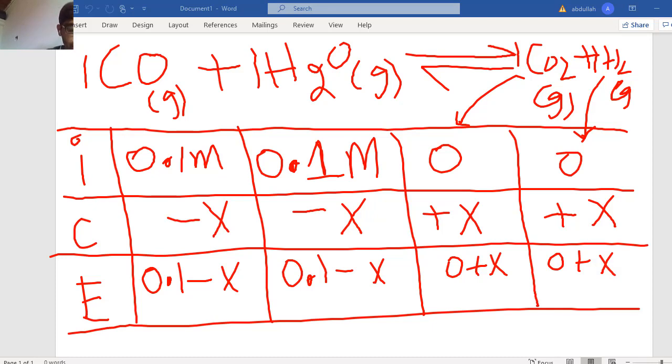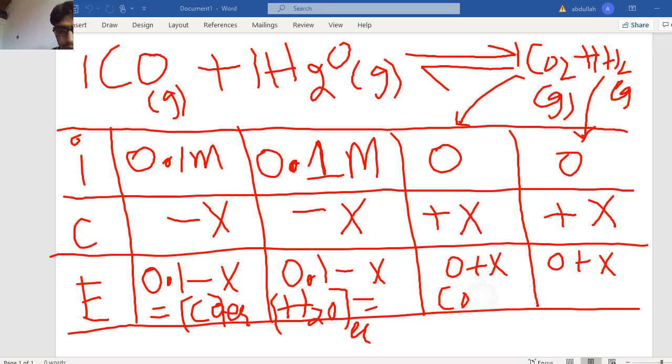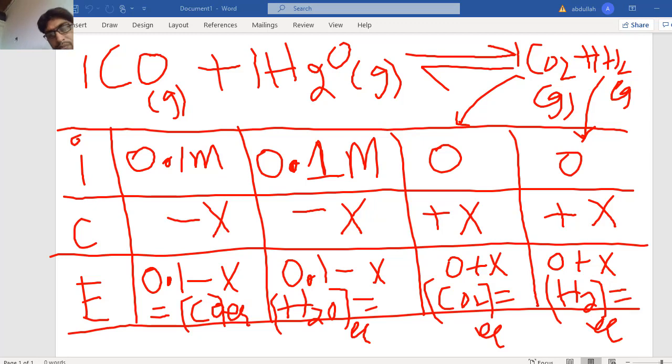This is the equilibrium concentration of carbon monoxide, of water, of carbon dioxide, and of hydrogen.